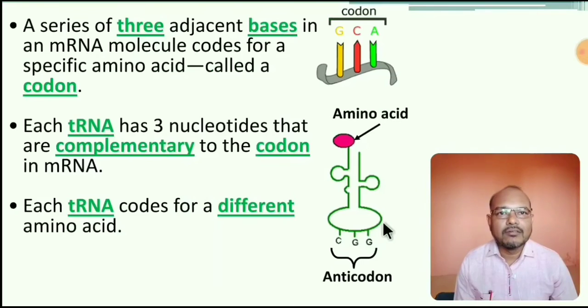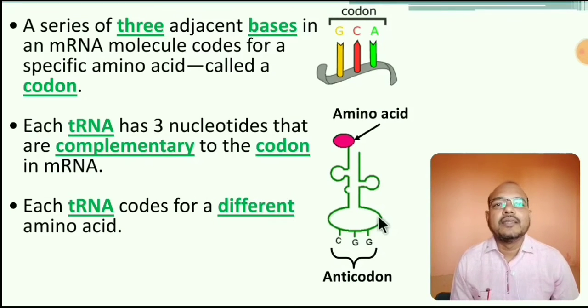A series of 3 adjacent bases in an mRNA molecule that codes for a specific amino acid is called a codon. Each tRNA has 3 nucleotides that are complementary to the codon in mRNA. Each tRNA codes for a different amino acid.